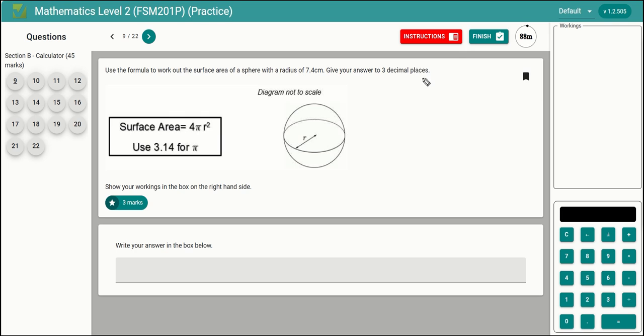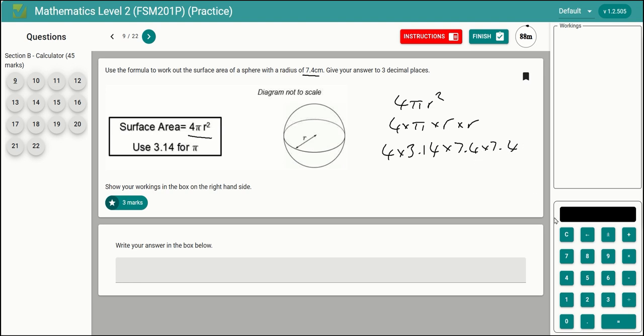Okay, on to the calculator section. So we need to work out the surface area of a sphere. Luckily, we have been given the formula, which is 4 pi r squared, which means 4 times pi times radius times radius. We've been told to use 3.14 for pi, so 4 times 3.14, and the radius is 7.4, so times 7.4 times 7.4.